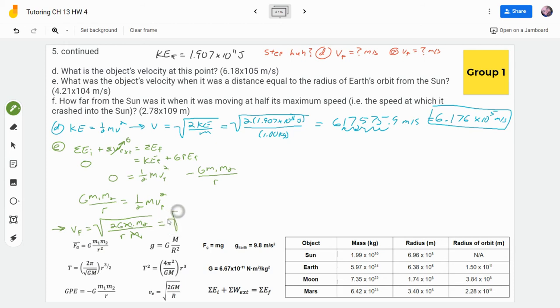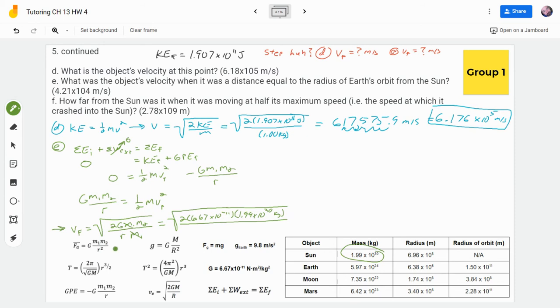Okay, so what do we have? Big square root, 2 times 6.67 times 10 to the minus 11th times m2, that's the mass of the sun, this number, 1.99 times 10 to the 30th kilograms, divided by r.